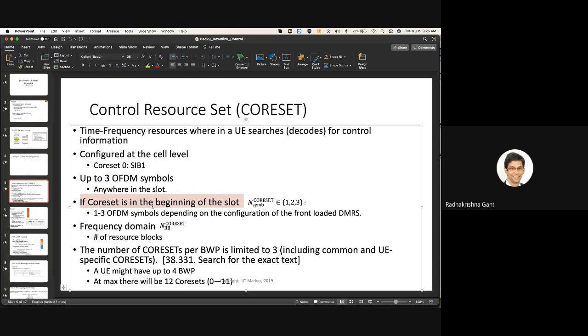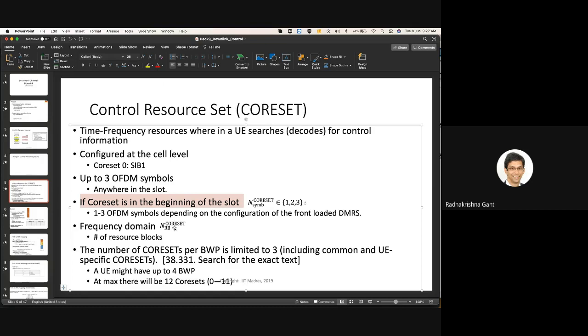You have to wait until all 14 OFDM symbols arrive before you can decode the data, which increases your latency and your storage space in the physical layer. So generally people put CORESETs only in the beginning, but the specification does not prevent you from putting it anywhere. The number of resource blocks in the CORESET is given by NRB CORESET.